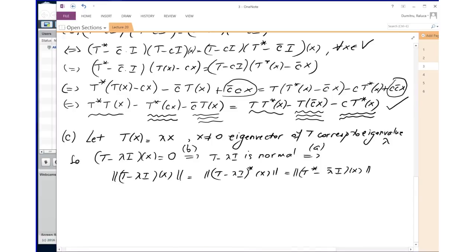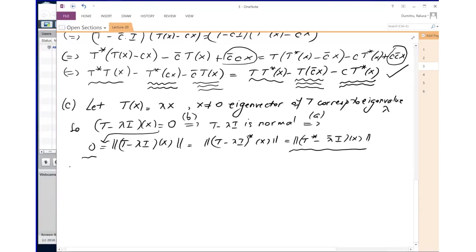All right, but T minus lambda identity of x was 0, right? Because x was an eigenvector corresponding to lambda. So the norm on the left is 0. Therefore, the norm on the right is also 0. So when is the norm of a vector equal to 0? Only when the vector is 0 itself, right? That's the only vector with 0 norm. So T star minus lambda bar identity of x is 0.